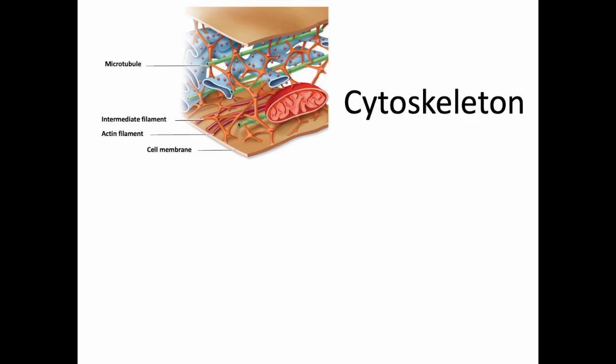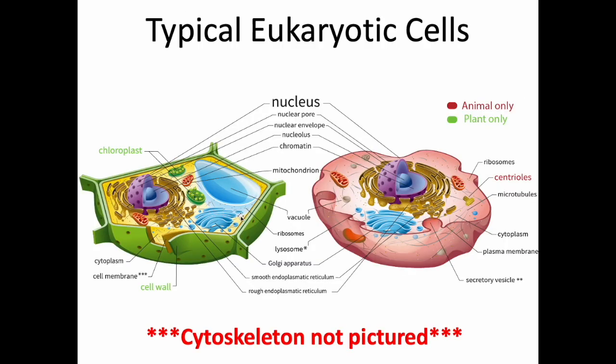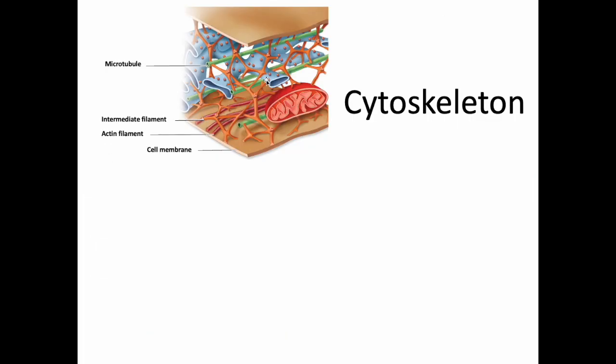Most textbook figures show a lot of empty space. It looks like there's a lot of empty space in between this vacuole and this mitochondrion, and in between this mitochondrion and the rough endoplasmic reticulum. But in reality, there's not a lot of empty space.